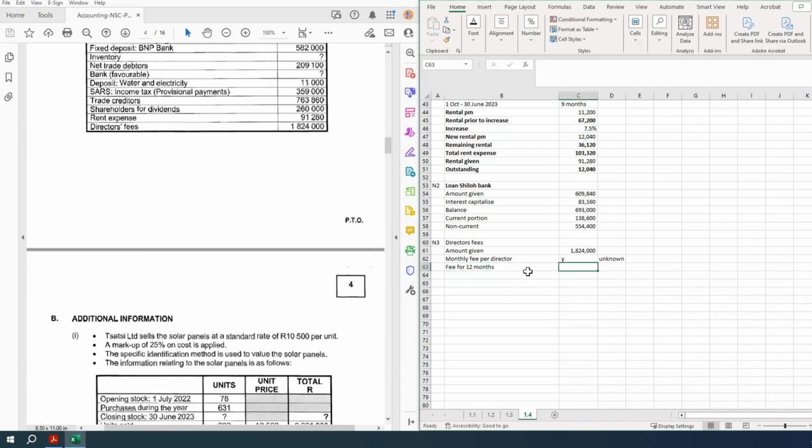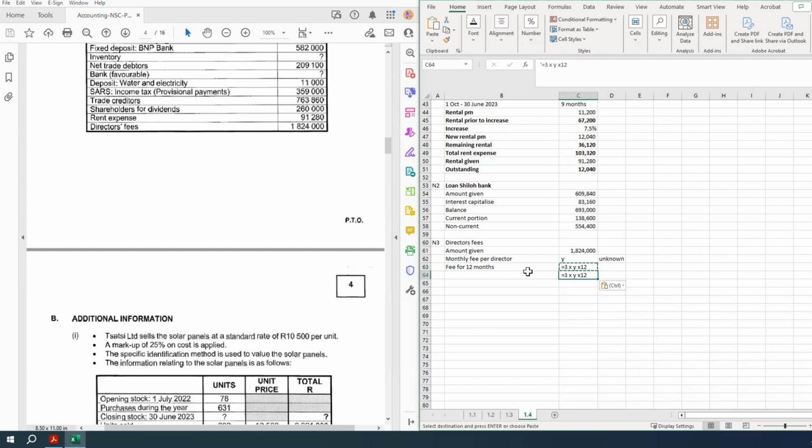Okay, so this would be equal to the 3 directors, right? And I say times Y. Remember, Y is the monthly fee that each director gets. And then I say times 12 months. Okay, so that is the first part of my formula.